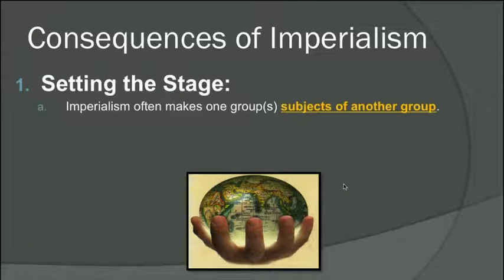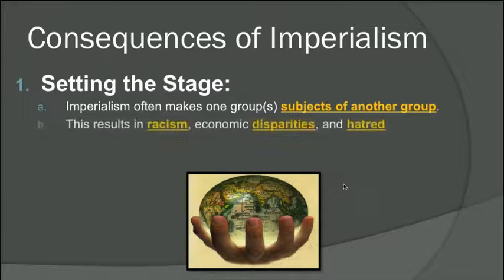Imperialism often makes one group or groups subjects of another group. And when that happens, naturally you get conflict out of it. There's no doubt we've seen that, and we will see that throughout this particular lecture. Of course, this results in racism, economic disparities, and of course hatred.